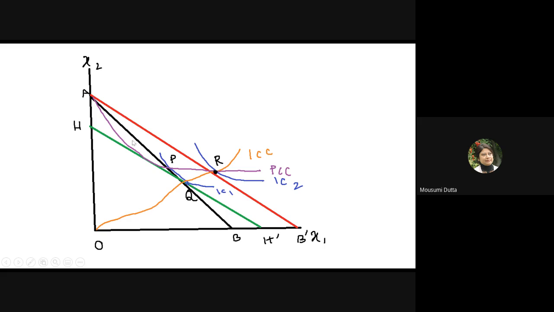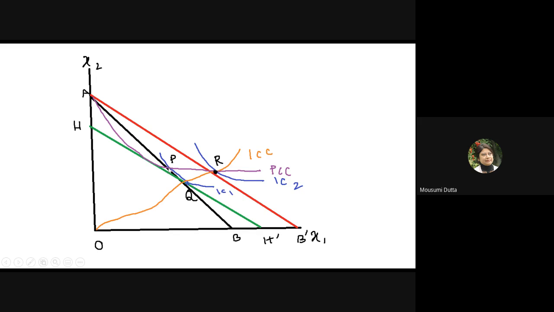So now if I compare the budget lines AB and AB prime, the movement from P to R, we are getting the equilibrium at P on the budget line AB, and on the budget line AB prime we are getting the equilibrium at R. These two equilibria have been generated because of change in price.